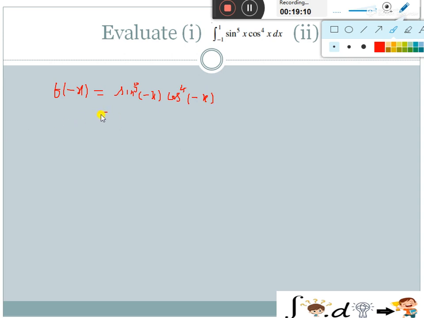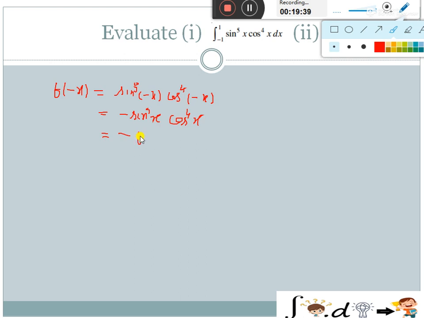That is according to trigonometry, and therefore here sine power 5 is odd, and therefore we get here minus of sine power 5x into cos power 4x, and that is equal to minus of f(x).